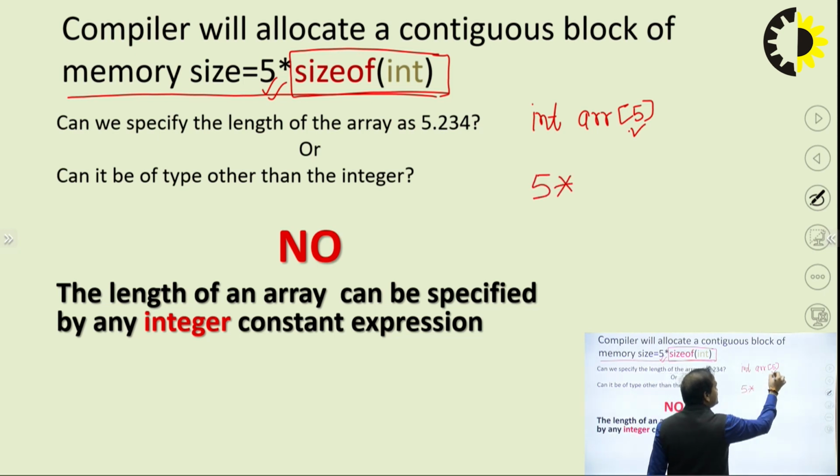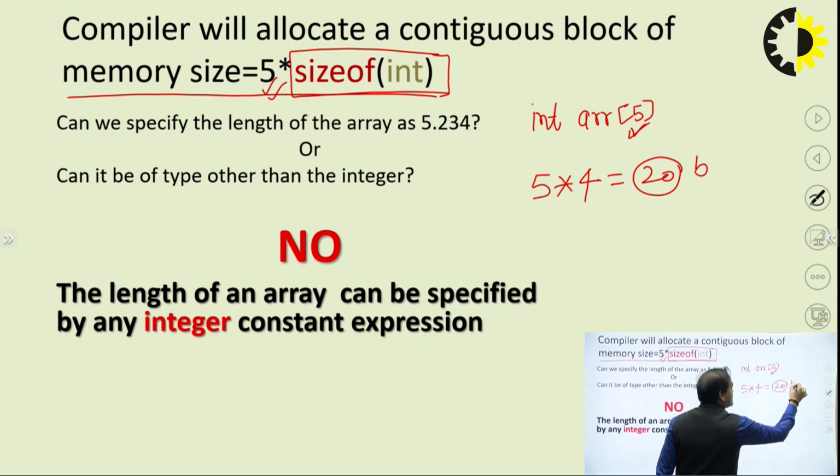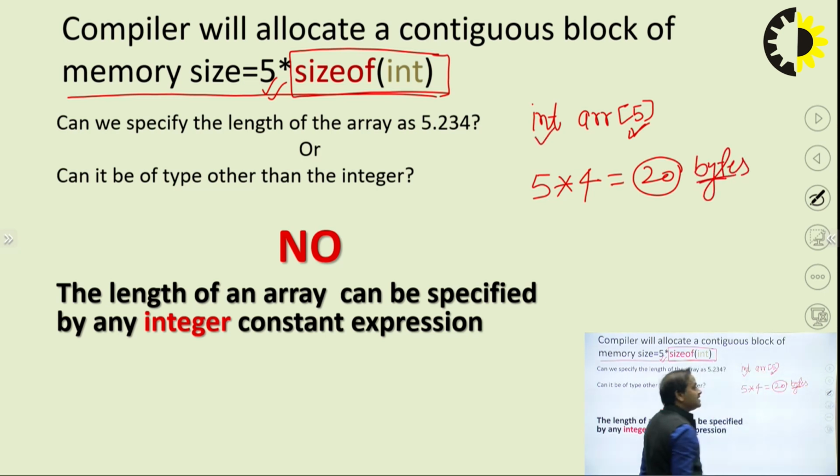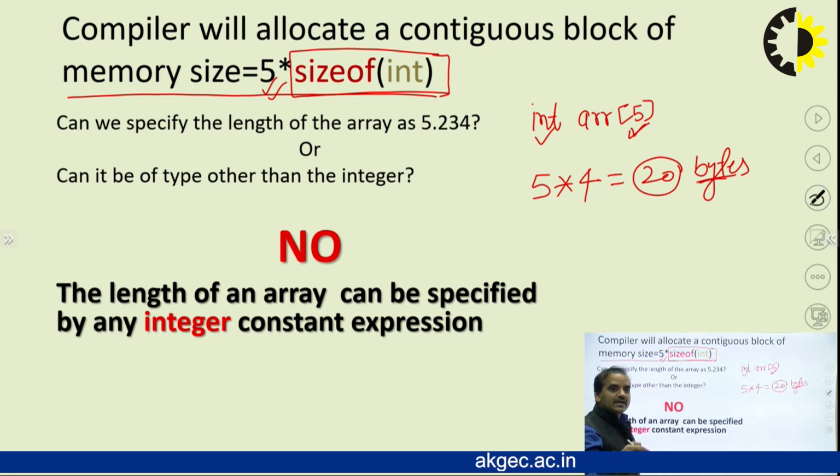If each element takes 4 bytes, then multiplying 5 with 4 gives 20 bytes. That means the memory occupied by the given array is 20 bytes in a contiguous form, that means 0, then 1, then 2, then 3, and so on.